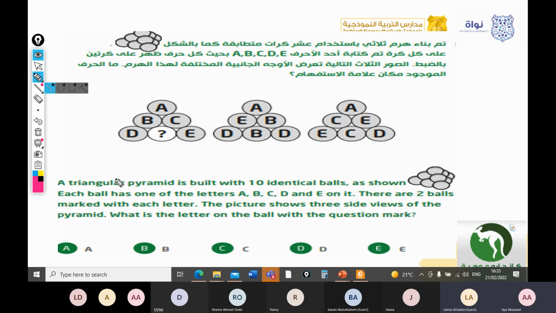A triangular pyramid is built with 10 identical balls as shown. Each ball has one of the letters A, B, C, D, E on it. There are two balls marked with each letter.